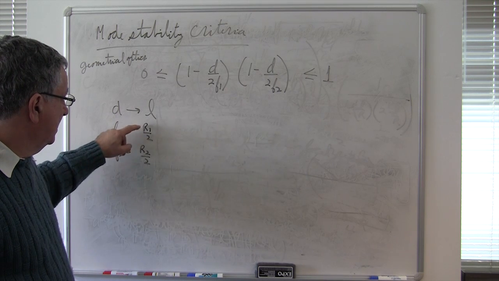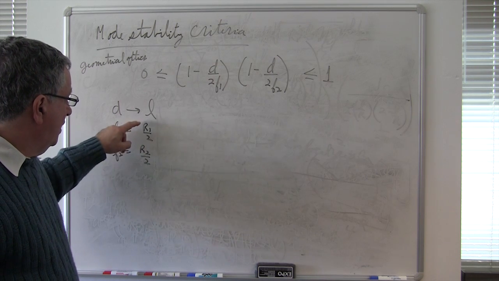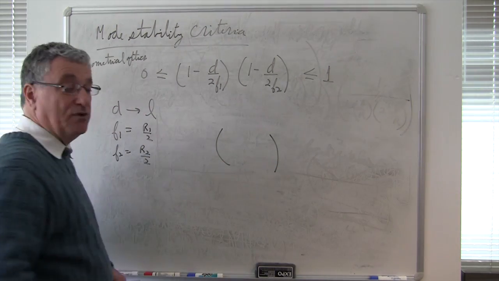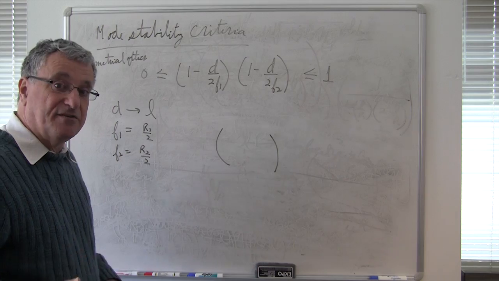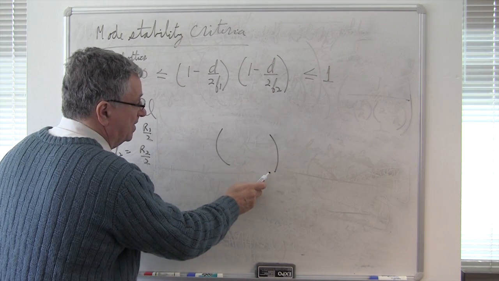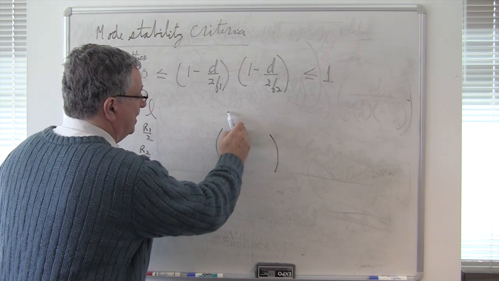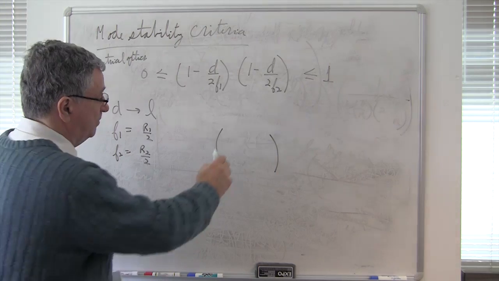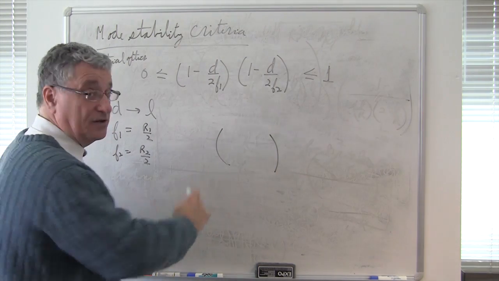In this case, in geometrical optics, mirrors like this have the same radius of curvature. In the case of Gaussian beams, this one has a radius of curvature which is positive, and this one has a radius of curvature which is negative, because we're talking of Gaussian beams.